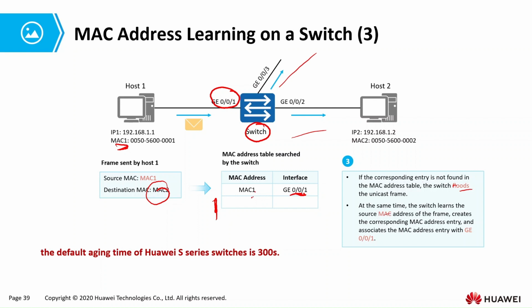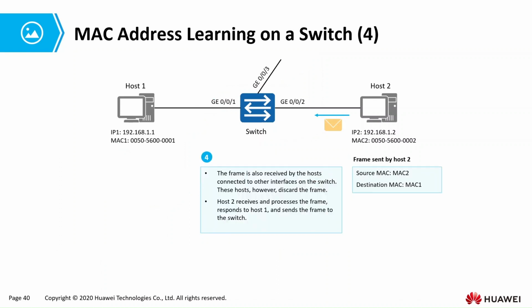So remember the default aging time. This one has also been asked in HCIA: it is 300 seconds. How does the switch keep the MAC address in the MAC address table? It has a default aging time of 300 seconds to update the entries that you have learned on the switch. After that, when host 2 receives it, host 2 says, hey, I am holding this MAC address.